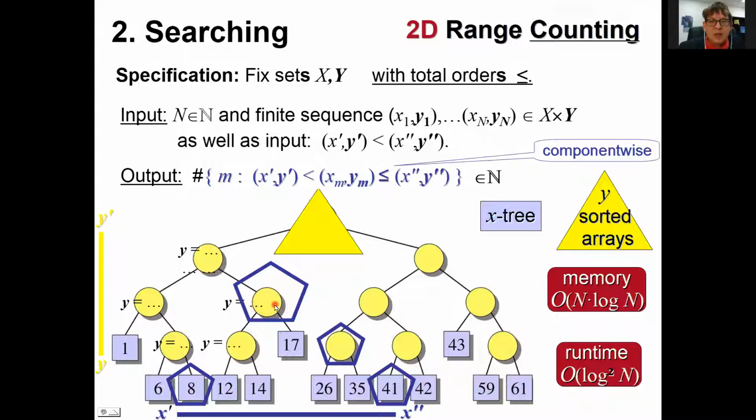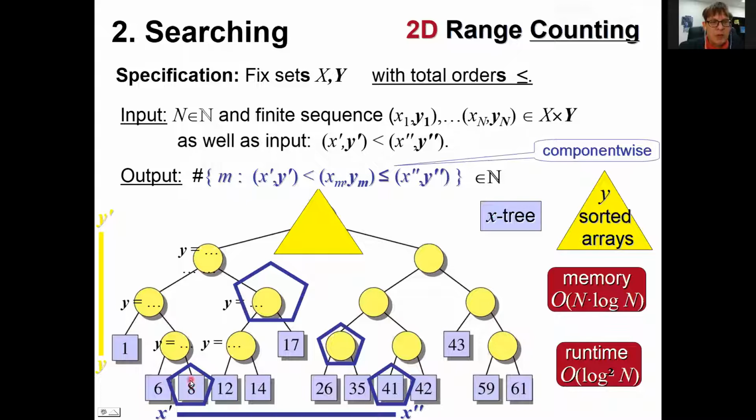Then we count the number of elements that satisfy the y condition, in addition to the x condition, which they already satisfy because they have been identified when we walked down that tree. So we perform two binary searches here in this array with respect to the y coordinates.